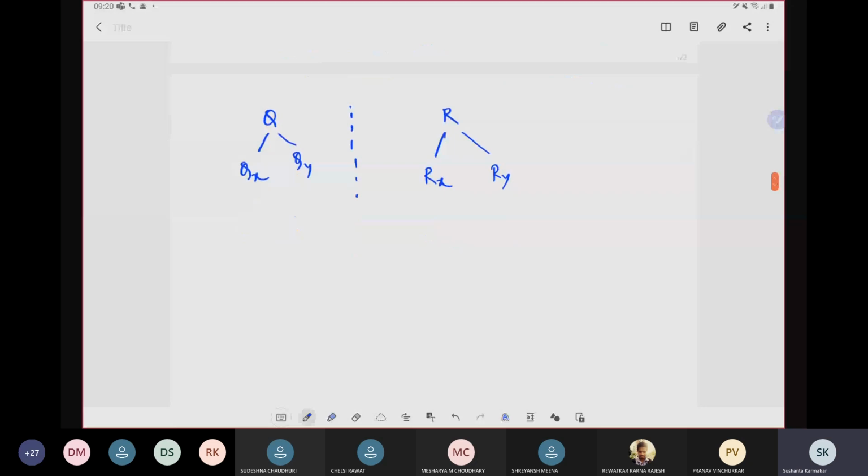So what I do is I find the closest pair in this Q region, and recursively I find the closest pair in this R region.